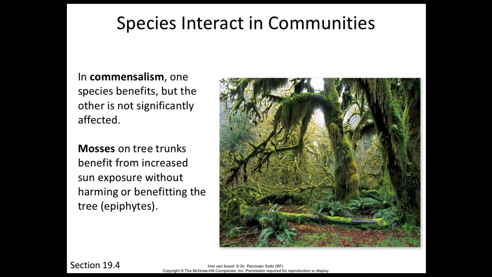It helps those plants to grow on the side of trees because it gets them off the ground and closer to the sun to do photosynthesis. However, the tree doesn't care that something's growing on it. The tree doesn't get any benefit, but it also doesn't get harmed. Now, the fancy word for when a plant grows on another plant is called an epiphyte. Epi means upon, and phyte means plant.